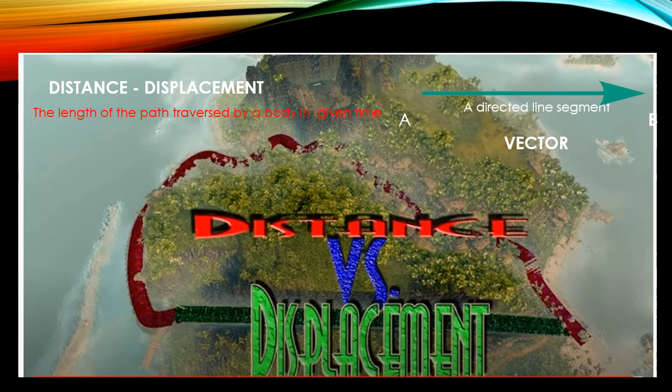The length of the arrow indicates the magnitude, and the arrowhead indicates the direction. So we can represent vector quantities having both direction and magnitude. Displacement is a vector because it is in a specified direction. Then what is displacement? It is the shortest distance covered by an object in a specified direction.